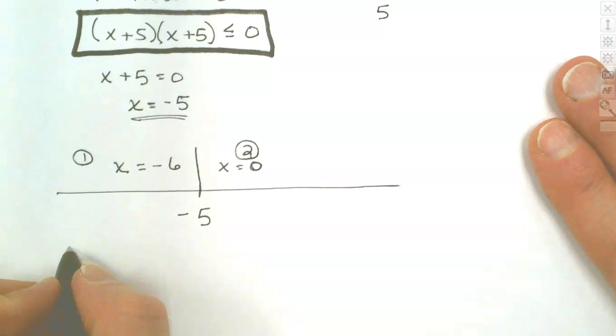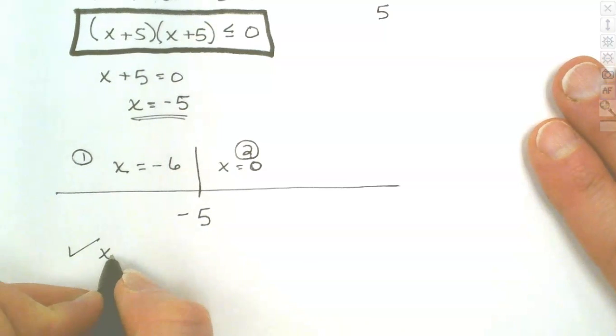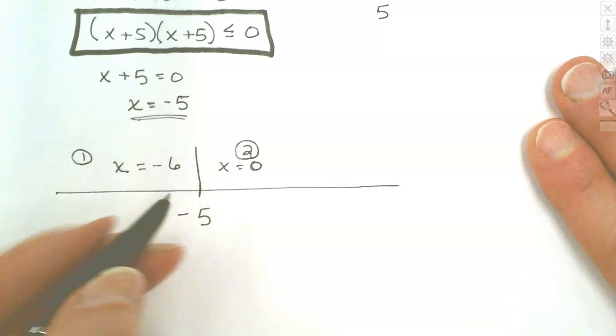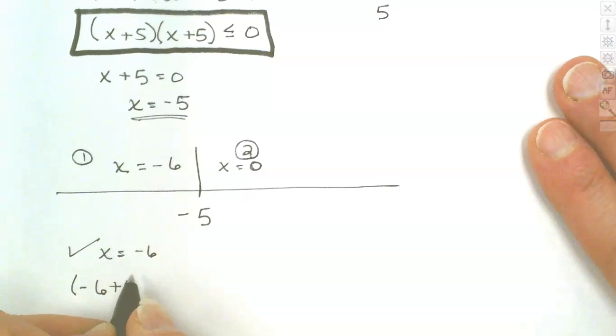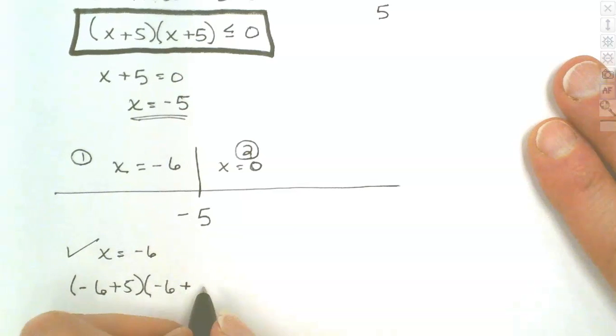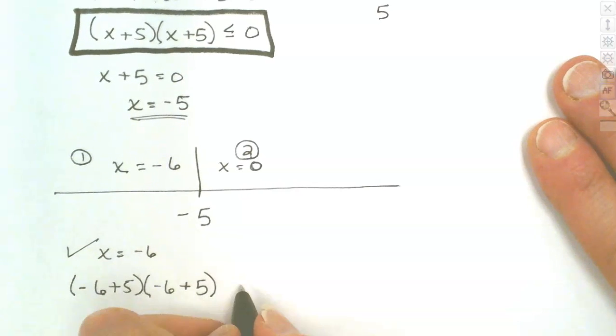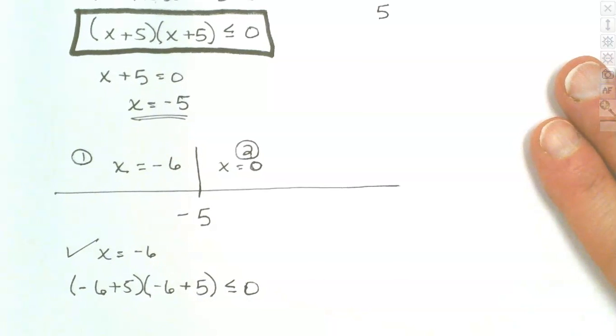So we're going to check x equals that negative 6 first. And then that is negative 6 plus 5 and negative 6 plus 5. We're going to check it back in that. Negative 6 plus 5 is a negative 1.